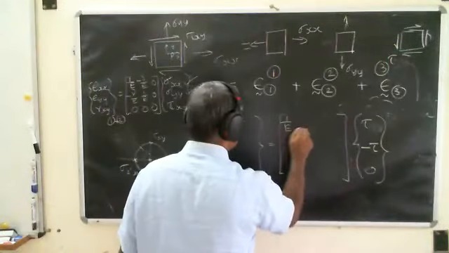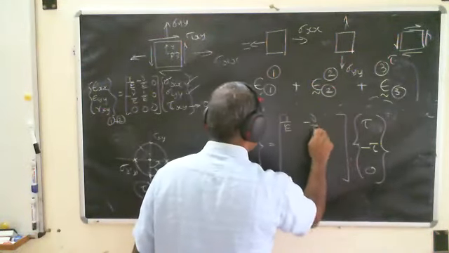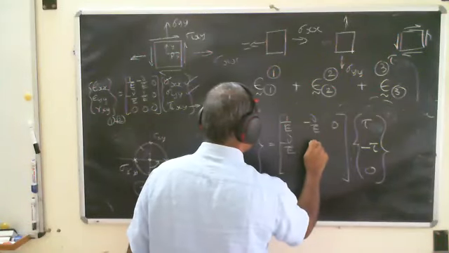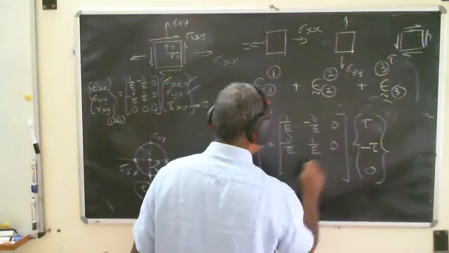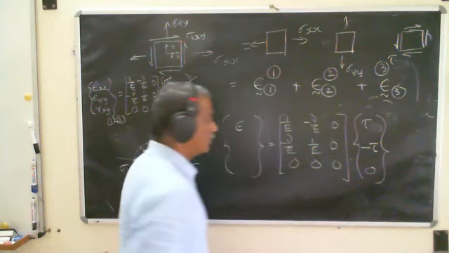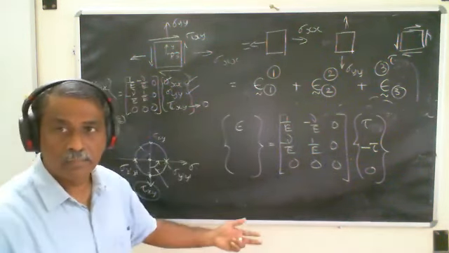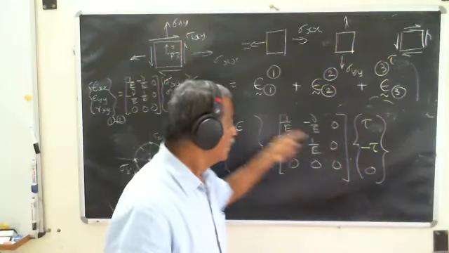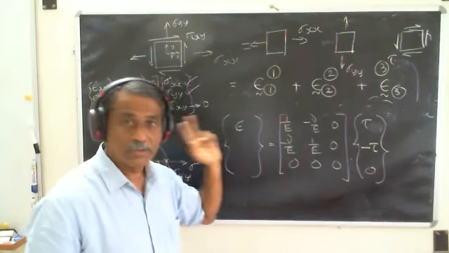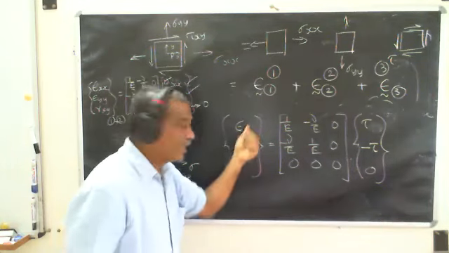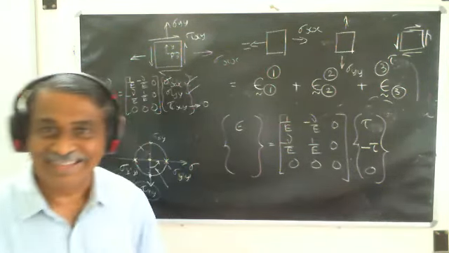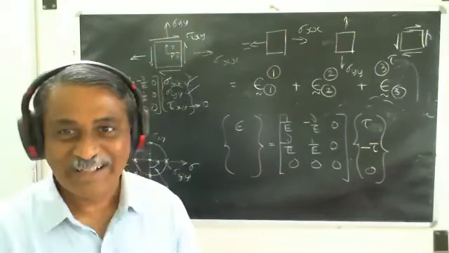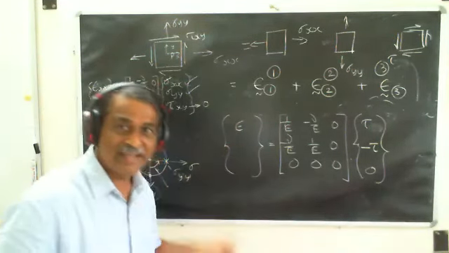1 by E, minus nu by E, 0, minus nu by E, 1 by E, 0, 0, 0, 0. Fine. This is the applied sigma xx, sigma yy, and I've just substituted it over here. What would I get as a strain here? Quickly, 1 mark. How would I write?